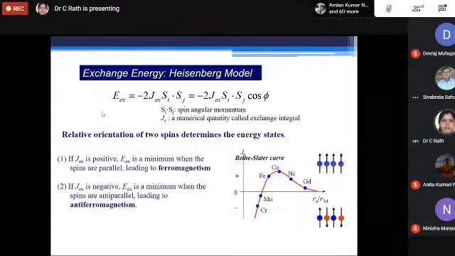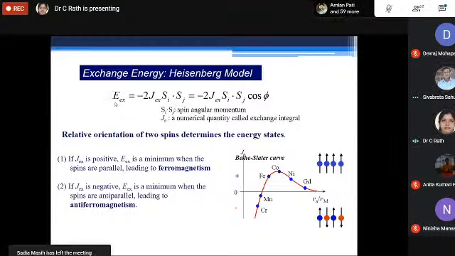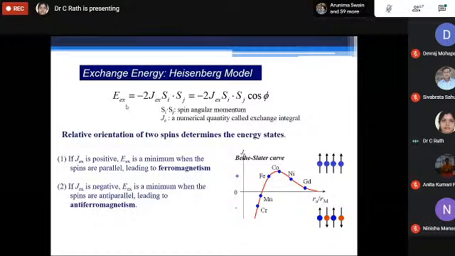As I told you, there is exchange energy associated with these magnetic spins. If you have two spins Si and Sj, Jex is the exchange integral, and that exchange energy is different for different materials. Though the magnetic moment is decided by the unpaired electrons, the Curie temperature Tc is decided by the exchange energy. You always need a negative energy for a stable state.